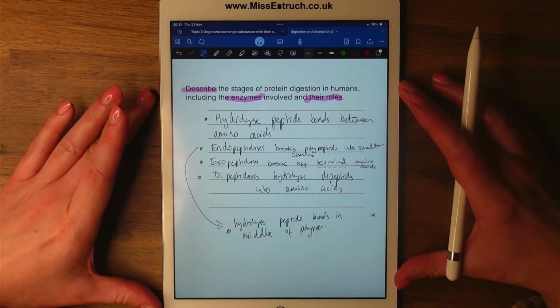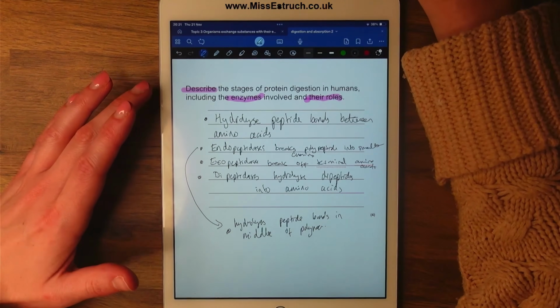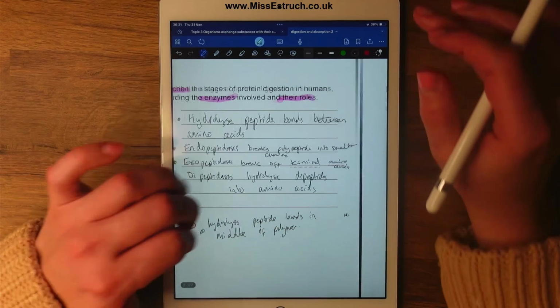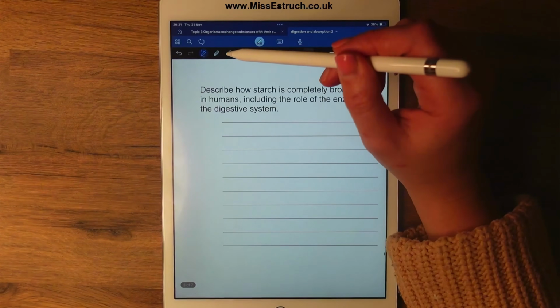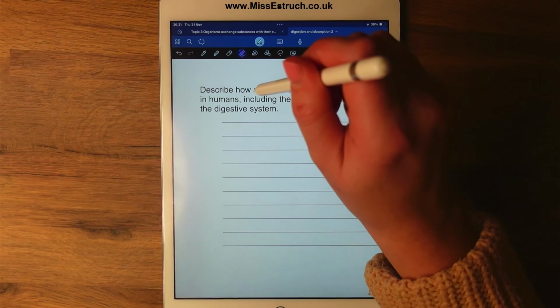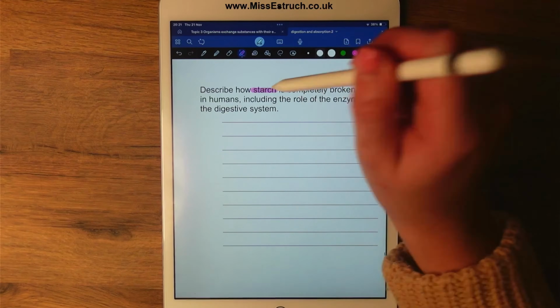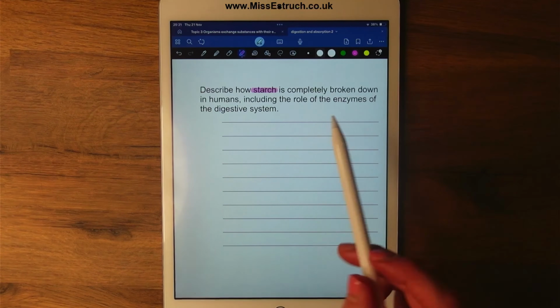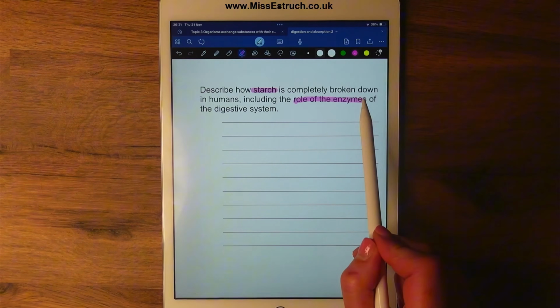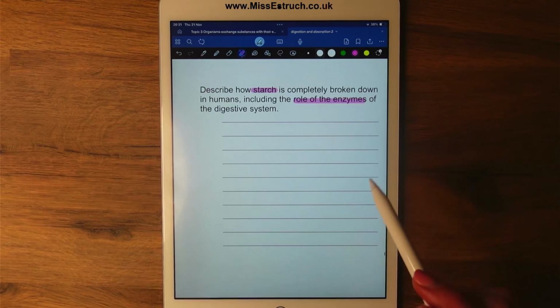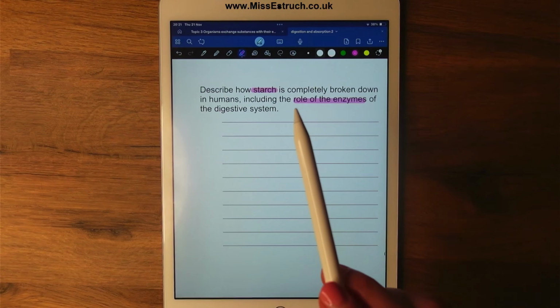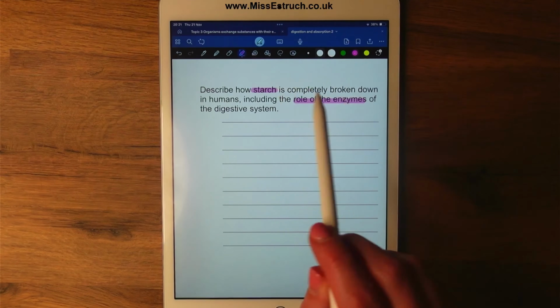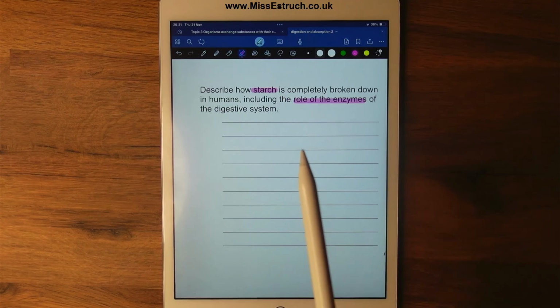key marking points. So next then, our next question, describe how starch is completely broken down in humans, including the role of the enzymes of the digestive system. So this now is exactly the same question that we just had, but this time it's going to be for starch specifically.